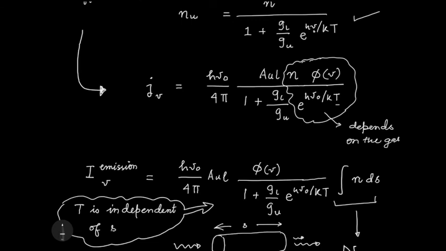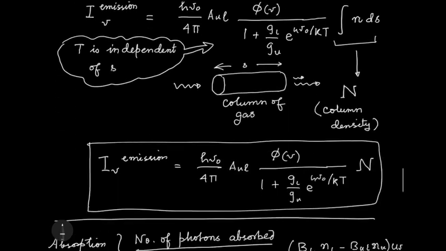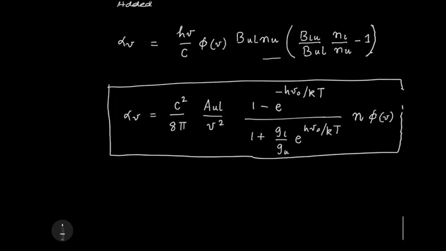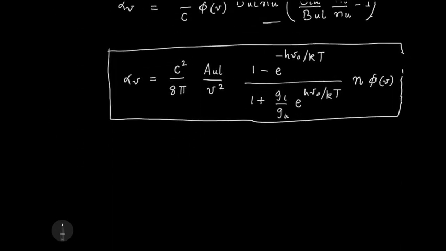Then we figured out the emission and the absorption coefficients in terms of the atomic quantities, which come from the quantum mechanics of the atomic transition, and the properties of the gas, for both emission and absorption coefficients.